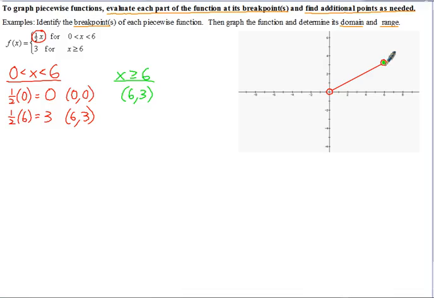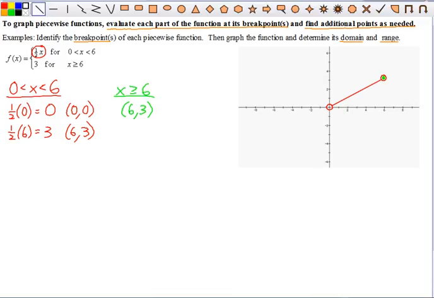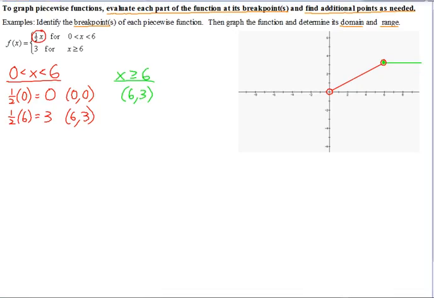And this one, you can see additional points. If you plug in 7, it has to be greater than or equal to 6. So 7 would give you 3, 8 would give you 3, and 9 would give you 3. Remember, if it's y equals 3, that's just a horizontal line. However, we don't draw the entire horizontal line, y equals 3, only where x is greater than 6. So starting at our breakpoint and just heading to the right. And since it keeps on going forever that way, we put an arrow on it to show it keeps on going.